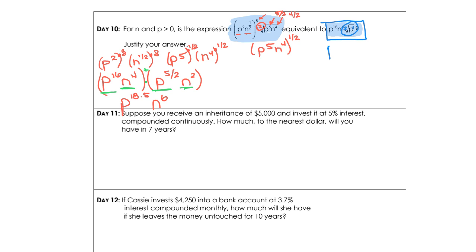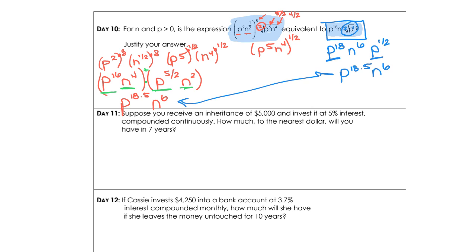And so if I rewrite this as p to the 18th, n to the 6th, and then I rewrite that radical as p to the 1/2, right there, guys, p to the 18th and p to the 1/2, if you add their exponents, you get p to the 18.5 and n to the 6th. And you guys can see that that is actually what we have also.